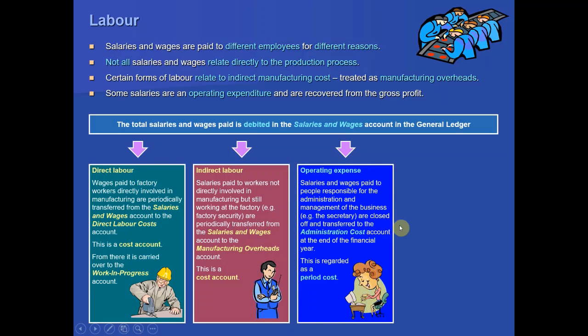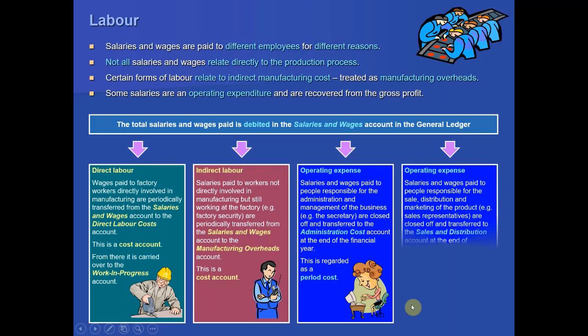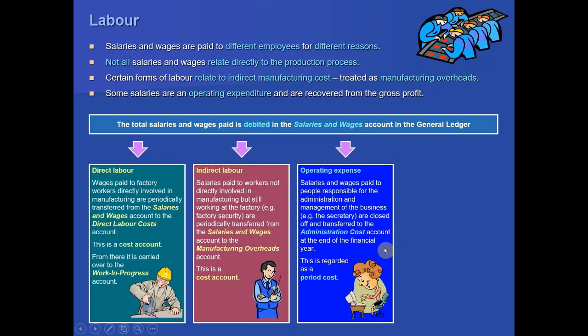Then we have operating expenses, salaries and wages paid to people responsible for the administration and management of the business, i.e. they are not directly involved or involved at all in the production process, like the secretary, are closed off and transferred to the administration cost account.